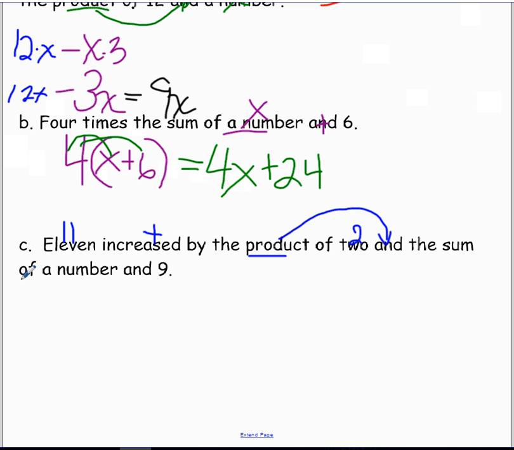So the sum is going in parentheses, and then we have a number, and is our plus sign, 9. So let's translate this first. So we have 11 increased by the product of 2 and the sum of a number. Oops, I said multiply there, but that was sum, so that should be adding. Sorry about that. So the sum of the number x, and so plus 9.